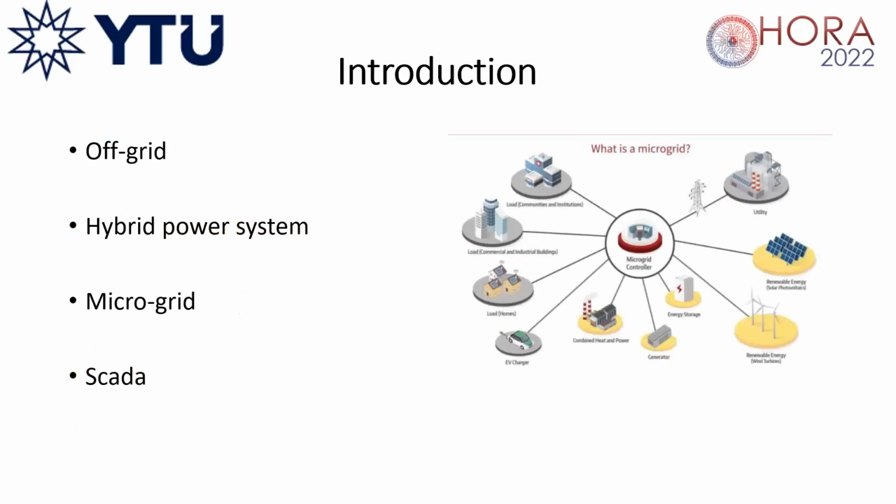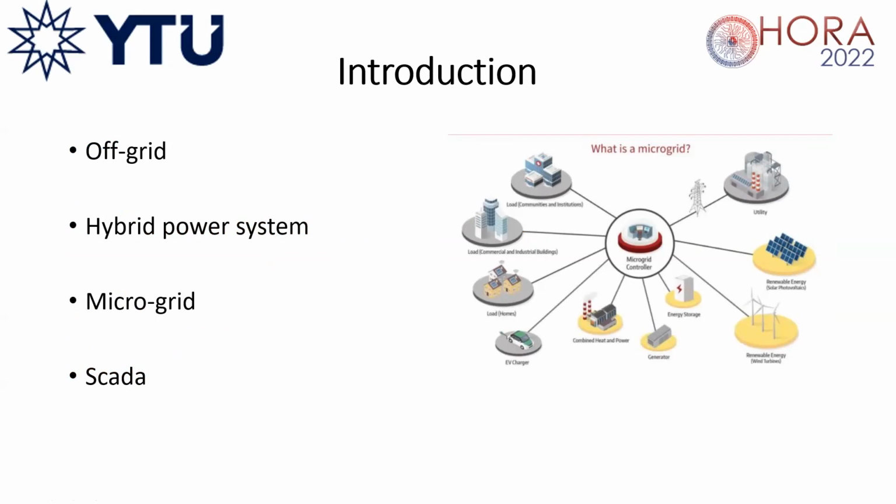I will consider the definition of off-grid. Off-grid means that you don't have any enabled connection between electricity grids and the hybrid power system. Imagine that power systems which have different energy sources such as PV panels, wind turbines, and fuel cells are called hybrid power systems.